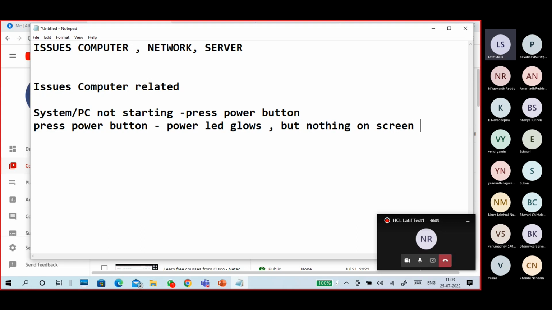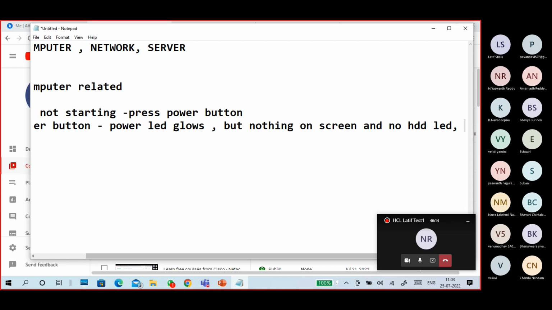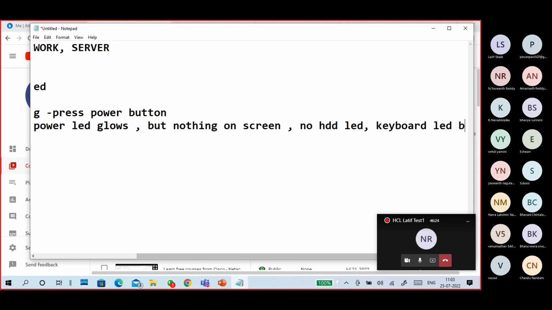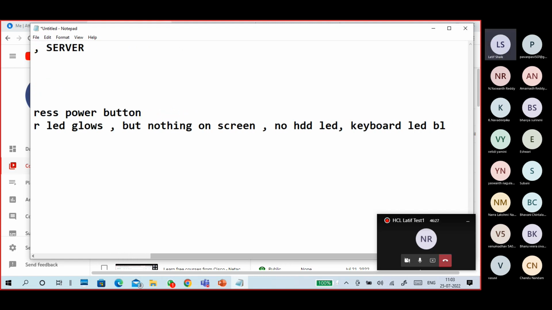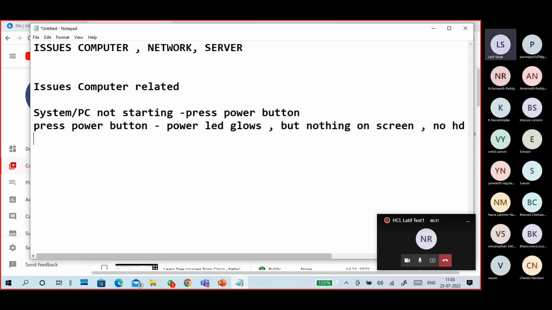And no HDD LED. No HDD LED, keyboard LED glow.